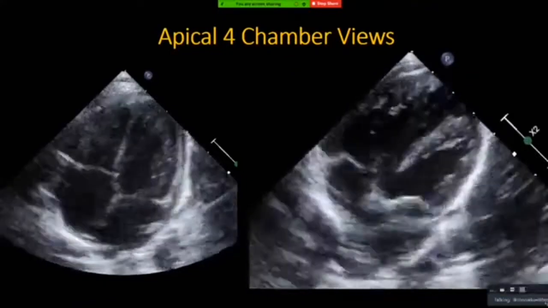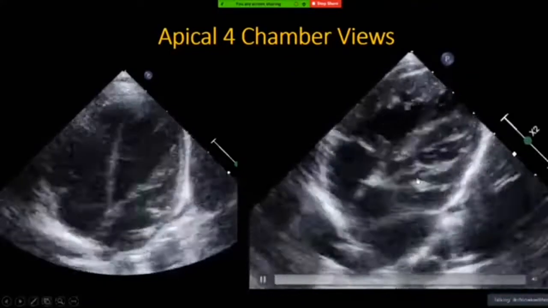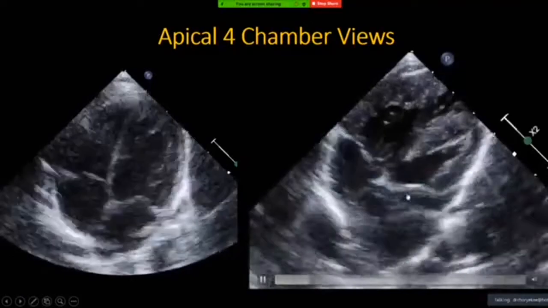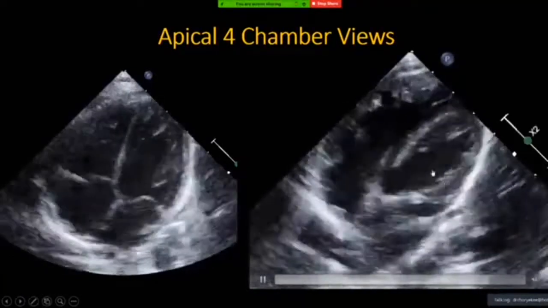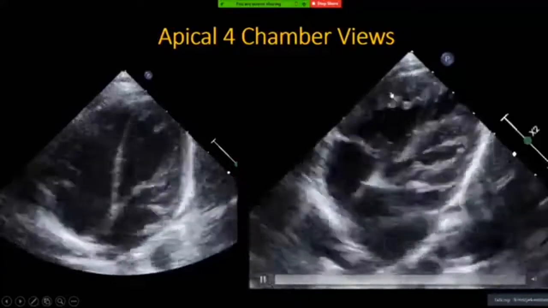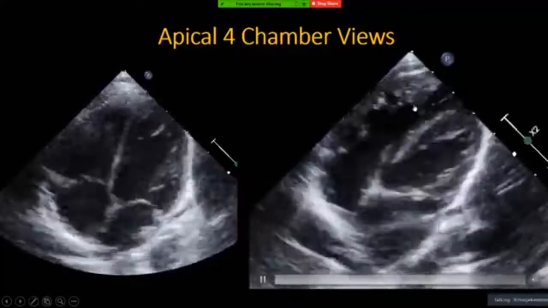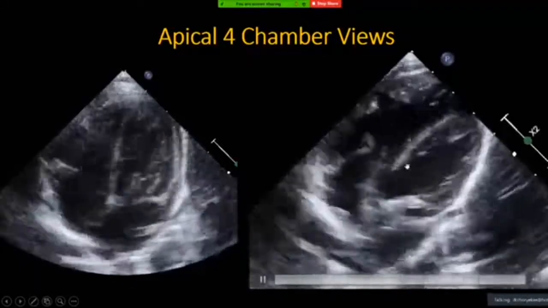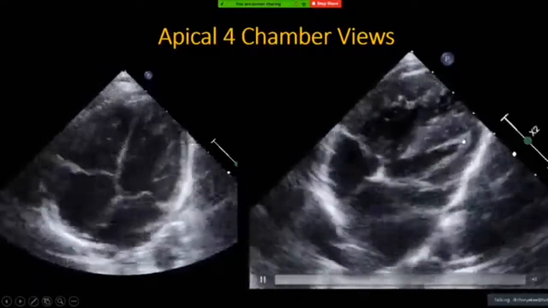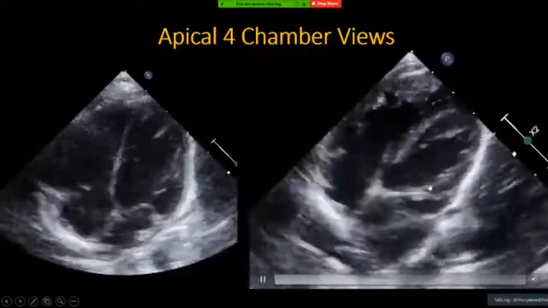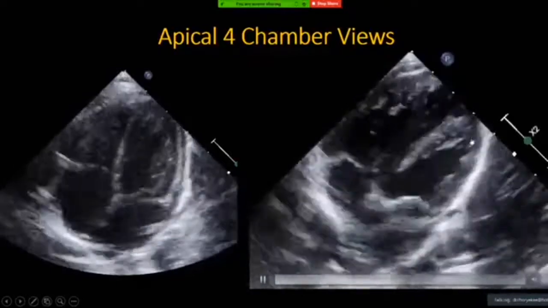Go systematically again. First of all, we look at the chamber size. Compared to this chamber, the right side chamber is relatively slightly dilated, slightly bigger. Then we look at the ventricular wall muscle.